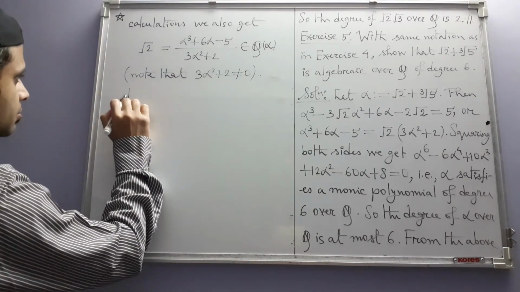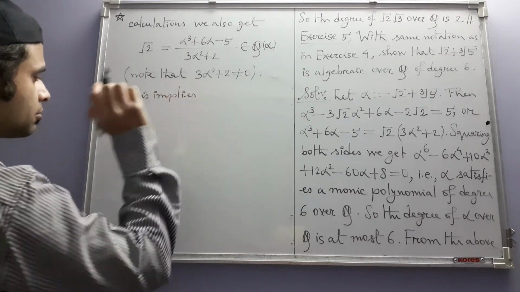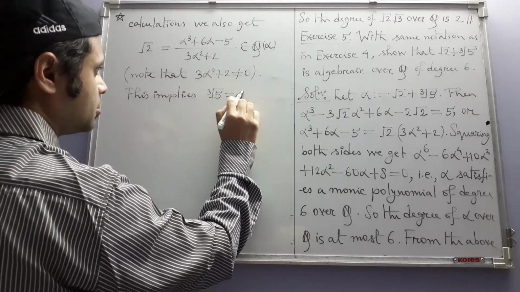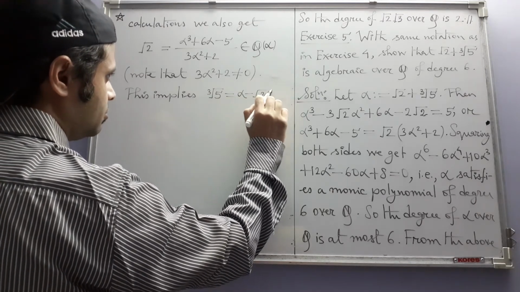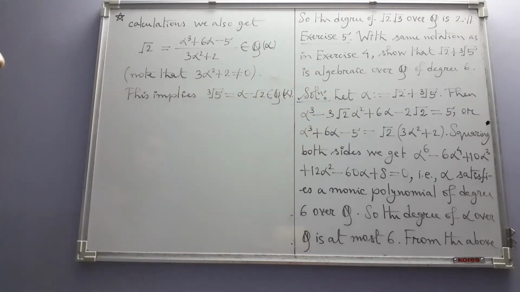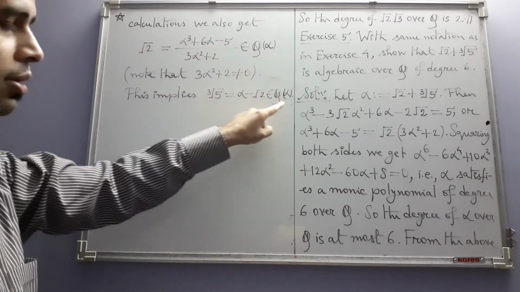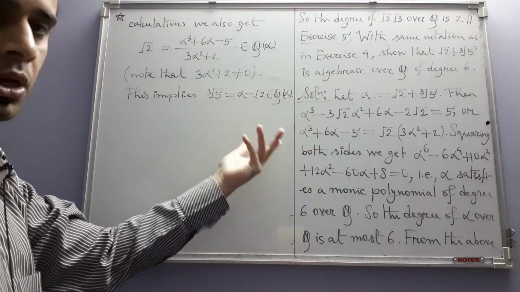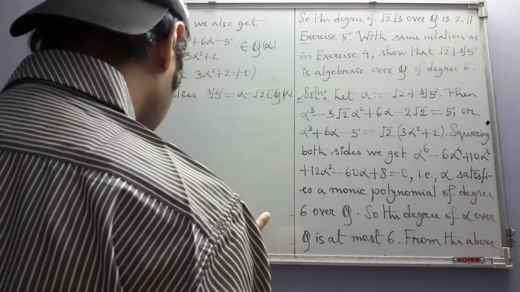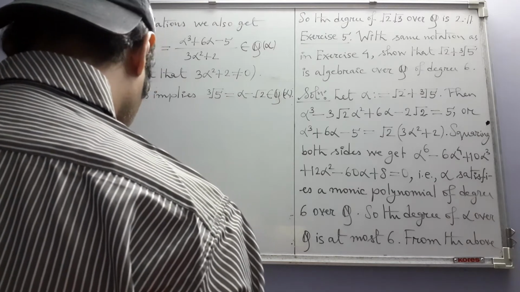This implies that cube root of 5, which is alpha minus square root of 2, also belongs to that extension Q(alpha), because now we have proved that root 2 belongs to this field and alpha already belongs to the field, so their difference also belongs to the field, which is nothing but cube root of 5. Okay, so root 2 and cube root of 5 both belong to this extension.